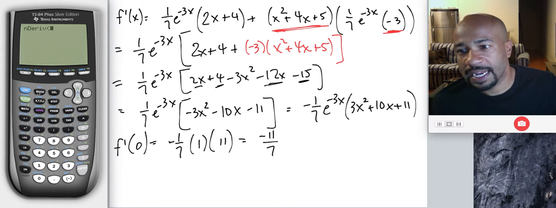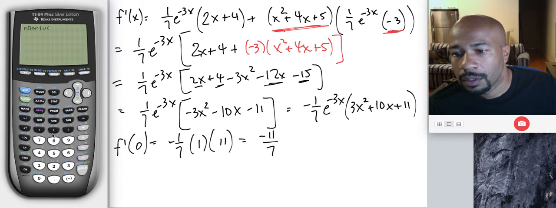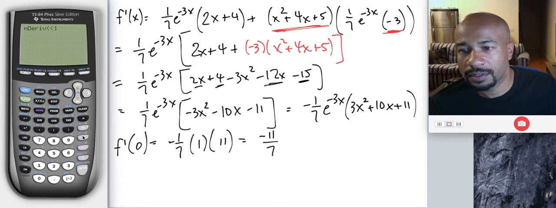So the function that I have is 1/7 times e to the negative 3x times x squared plus 4x plus 5, in terms of x, at the point 0.